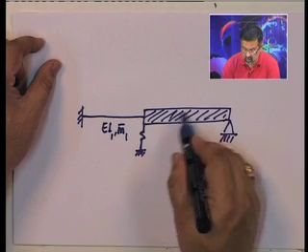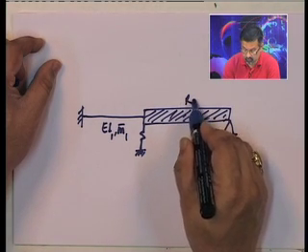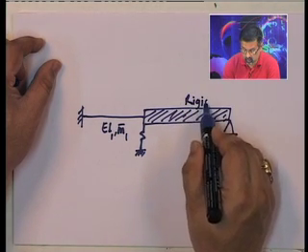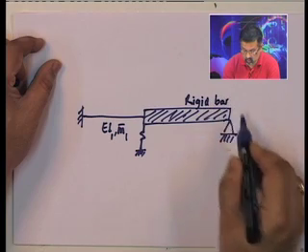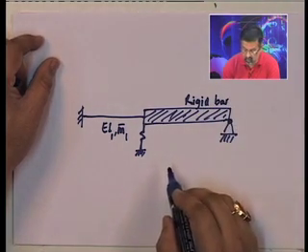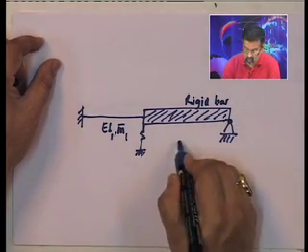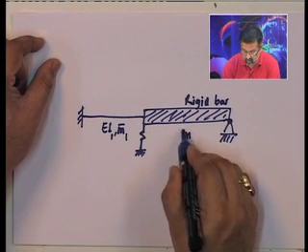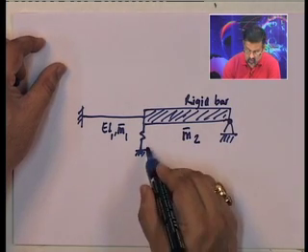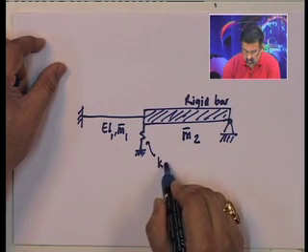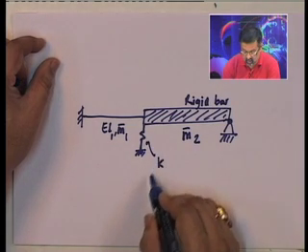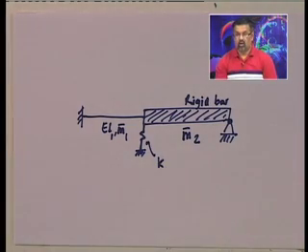This one of course is a rigid bar. This is a pin, and this one I am saying is M bar 2. Let me look at this and call this K. Okay. So, this is a problem.